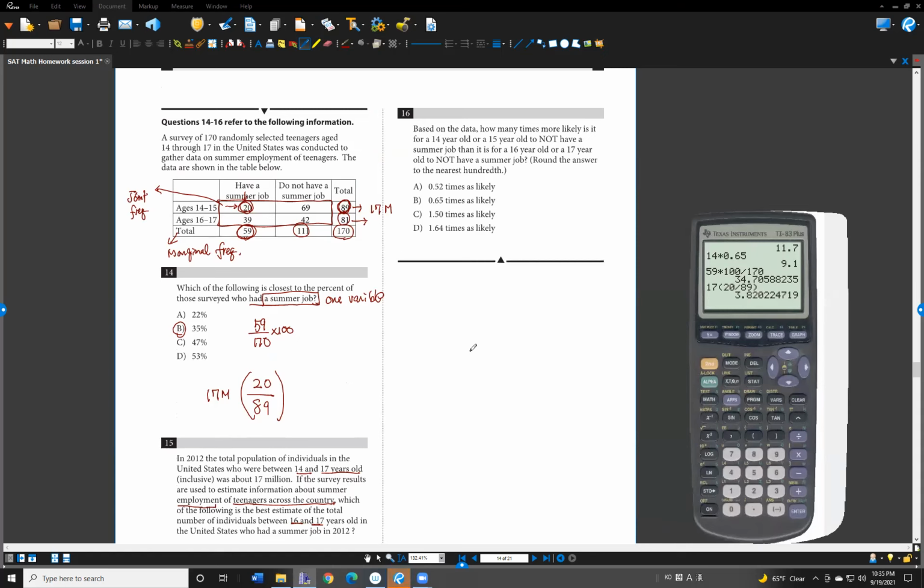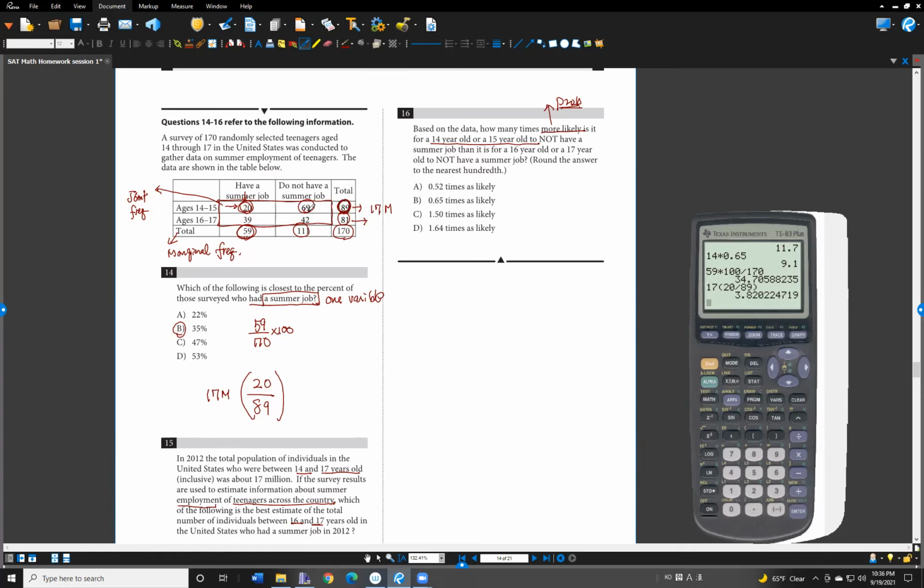All right, the next one, based on there are how many times more likely, which means probability. Okay, percentage or probability. Is it for 14-year-old or 15-year-old? Okay, 14 or 15-year-old not have a summer job, over here.